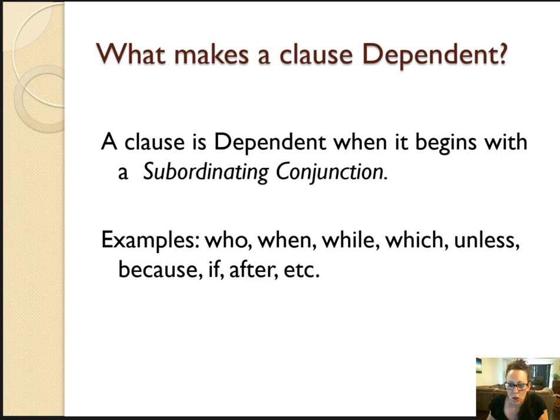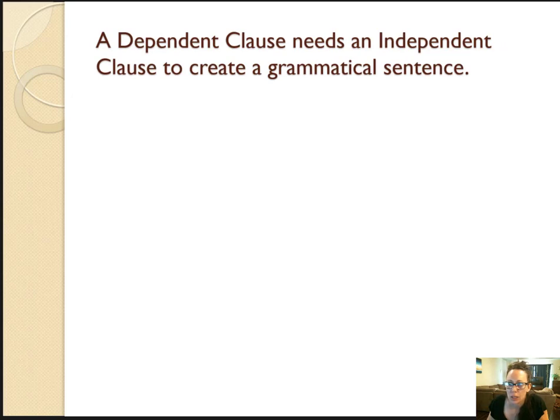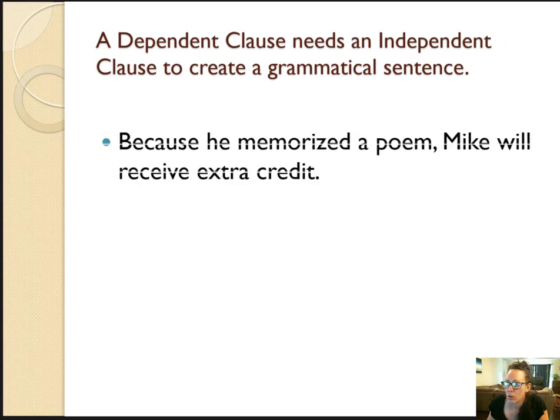And so we can take our independent clause, and if we want to make it into a dependent clause, we just plop one of those words on the beginning. And so if we want to do that, then what we need to do for our sentence is include an independent clause.